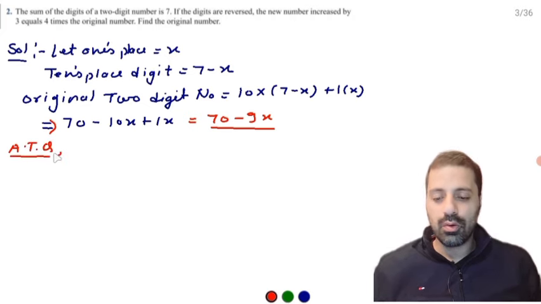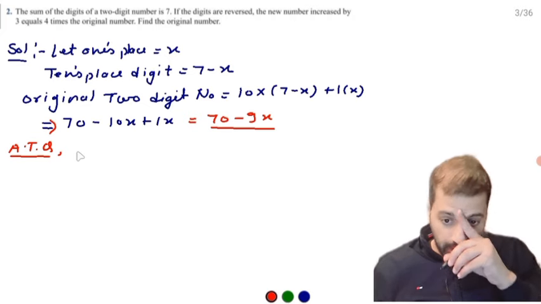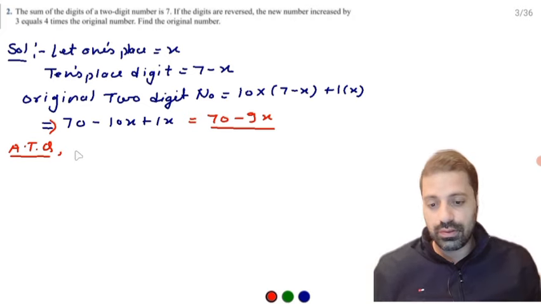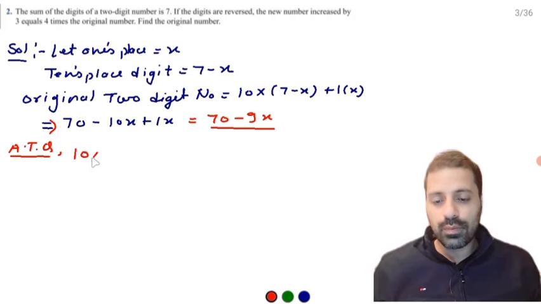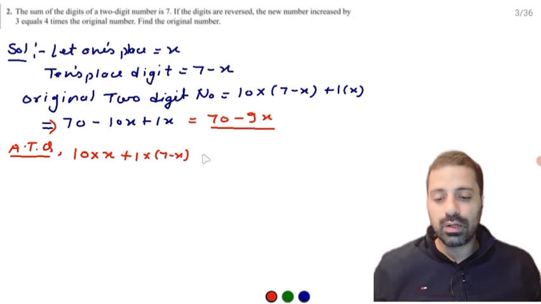Now according to the question, let's check what is given. If the digits are reversed, what number is formed after reversing the digits? 10 multiplied by the ones place digit plus 1 multiplied by the tens place digit.